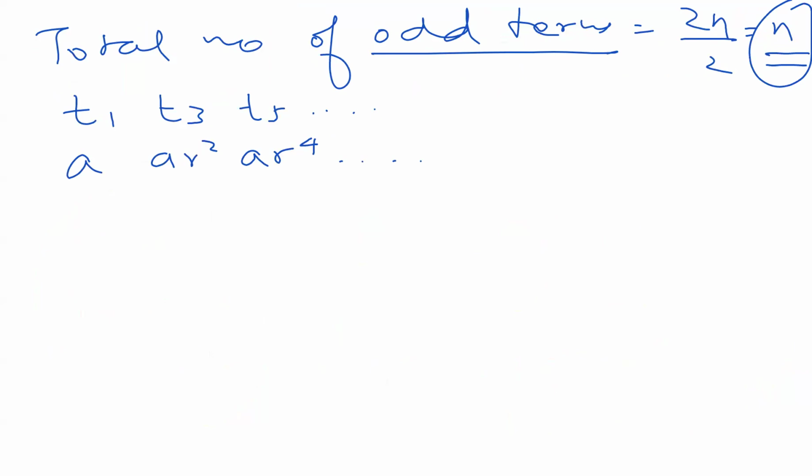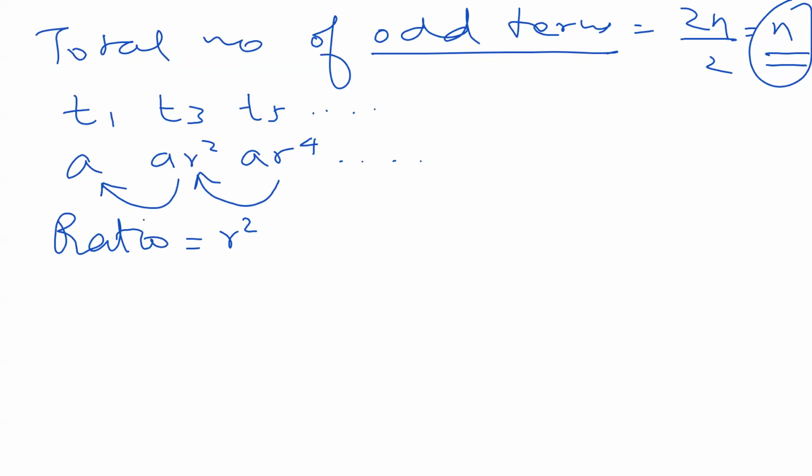Okay, the GP has even number of terms. So what is the ratio over here? The ratio over here will be r square. Are you convinced with me? The ratio is r square.